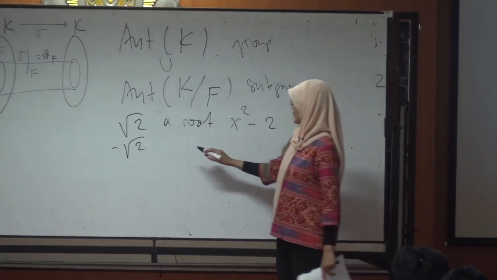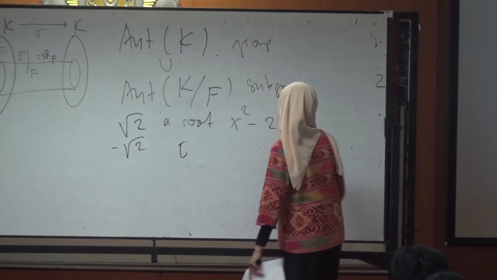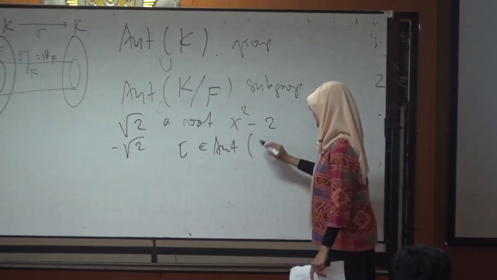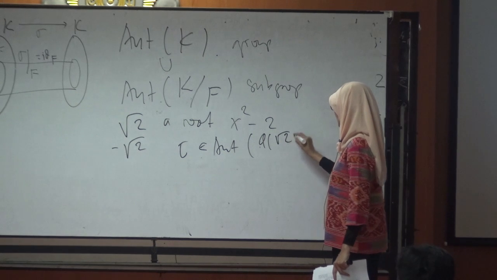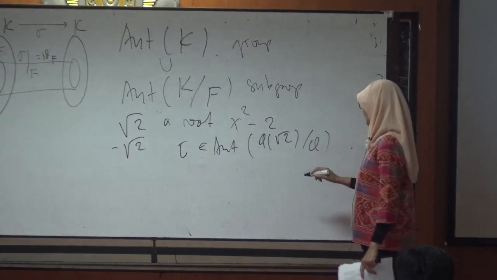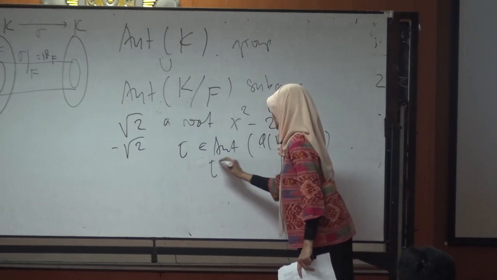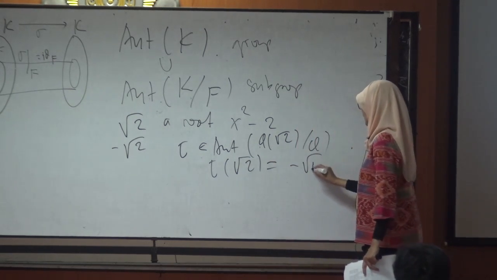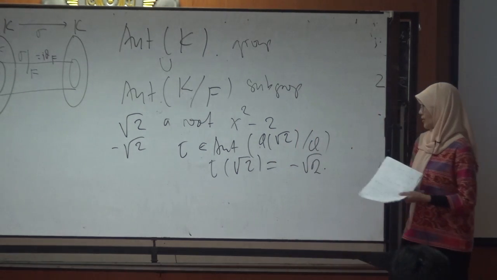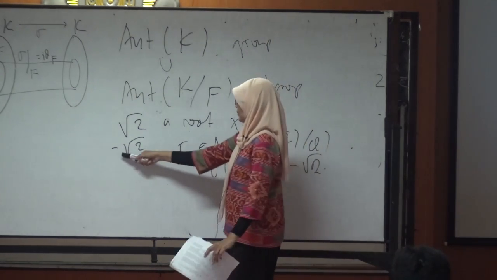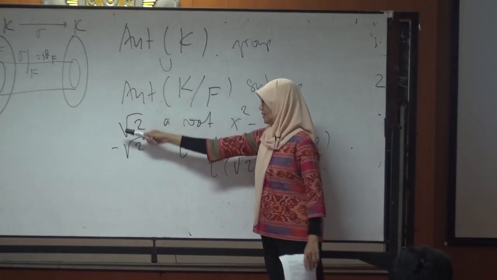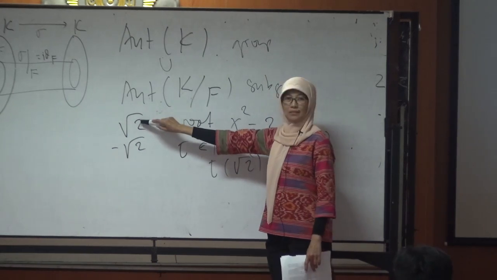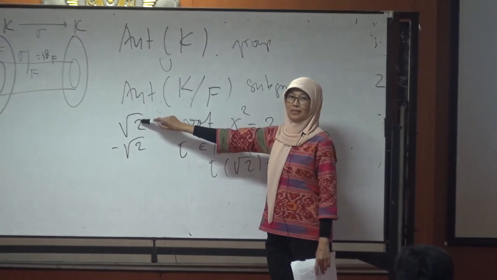So the proposition said that if tau or sigma is in Aut Q square root 2 over Q, tau of square root 2 is equal to minus square root 2, because minus square root 2 is also a root, and the image of this one must be in this one, or maybe to itself, right?